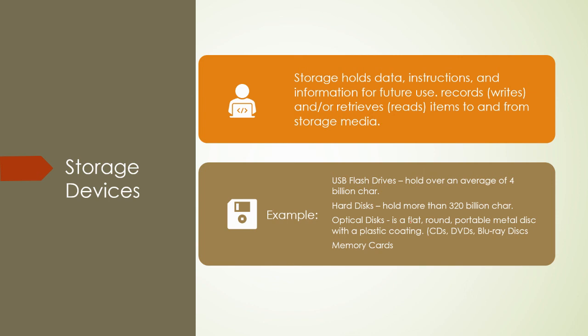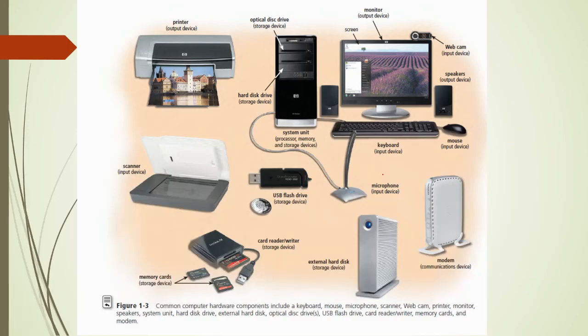And kaning optical desk, this is a flat, round, portable metal desk with plastic coating. So wala na kay ni siya gigamit karon kay hard disk na kasagarang gigamit. And memory cards nga pwede na to i ibutang or i-insert na to sa tong cellphone and sa computer, vice versa. So here are the devices, no?